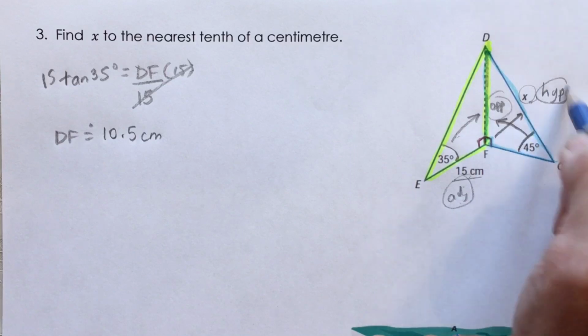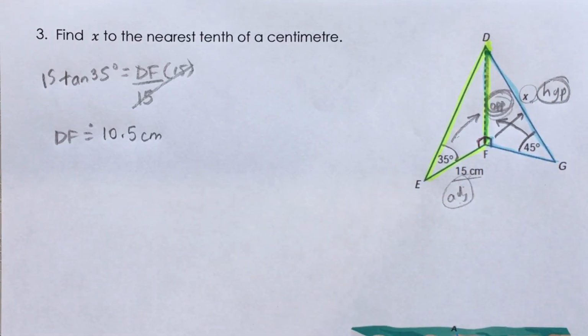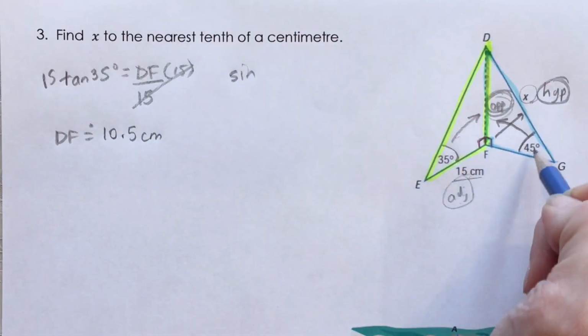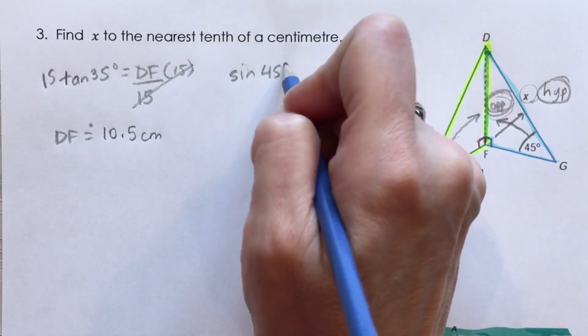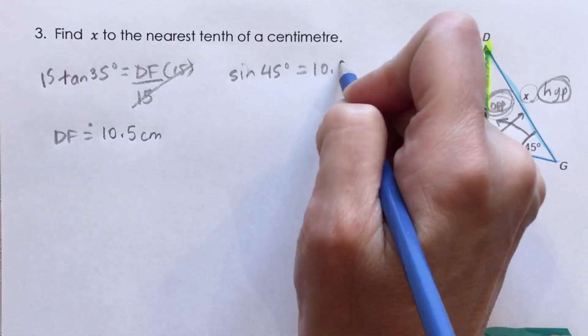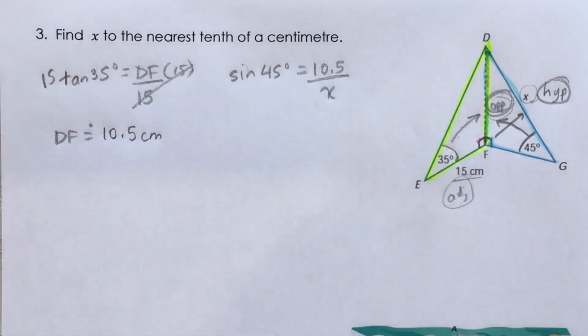So we've got opposite and hypotenuse involved this time. So that's going to be the sine ratio. So we can do the sine of the angle, which is 45 degrees, is equal to the length of the opposite side, which we just found to be 10.5, over the length of the hypotenuse, which is x.